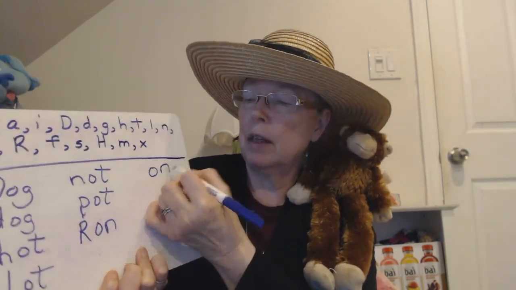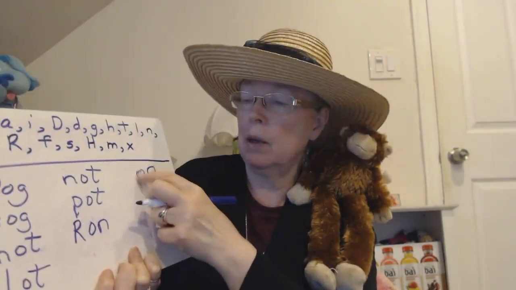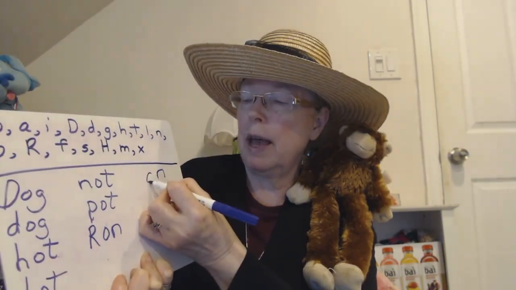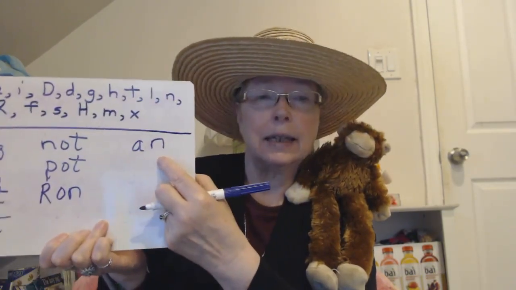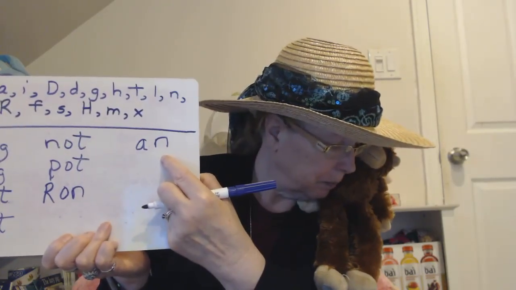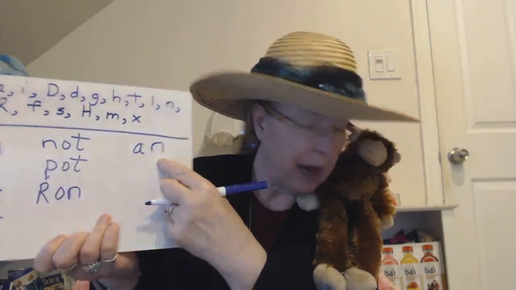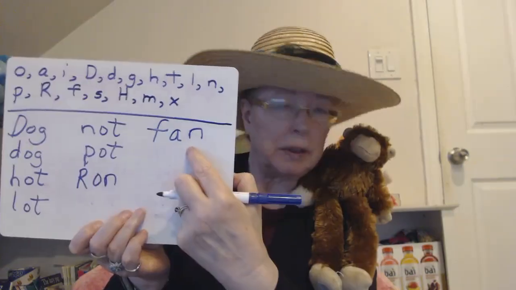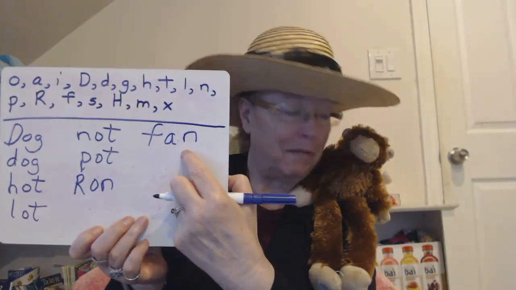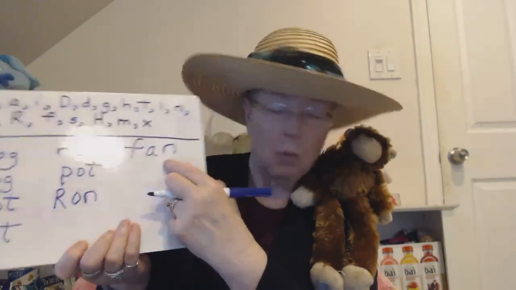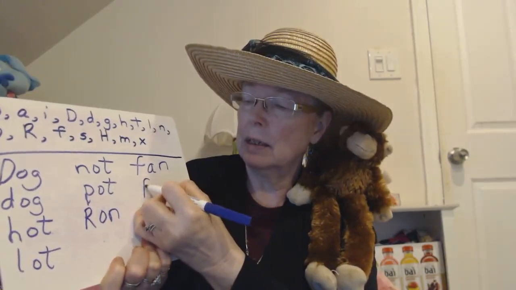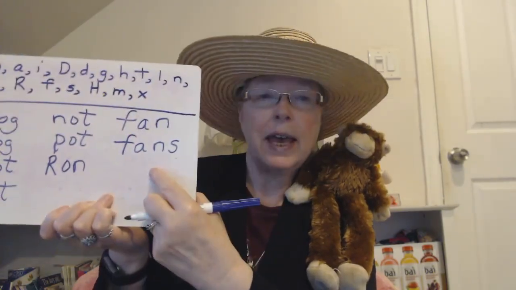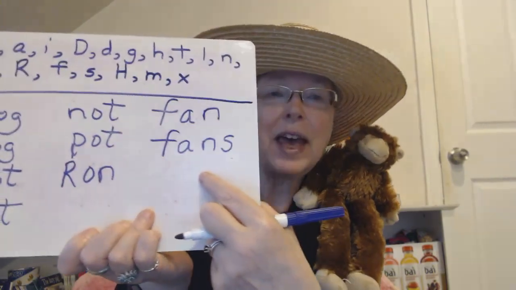But instead of having the vowel O, we're going to replace it with an A, and we're going to have an. We're going to add an F to it, and we get the name, well, not the name, the word fan. We add an S to fan, and we get fans.